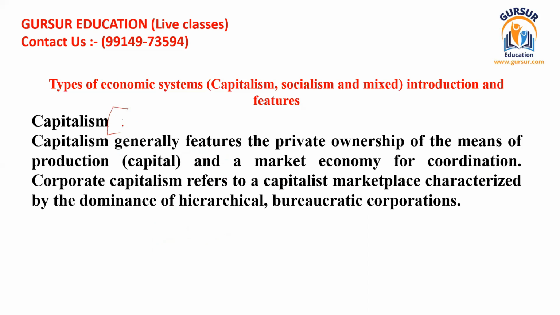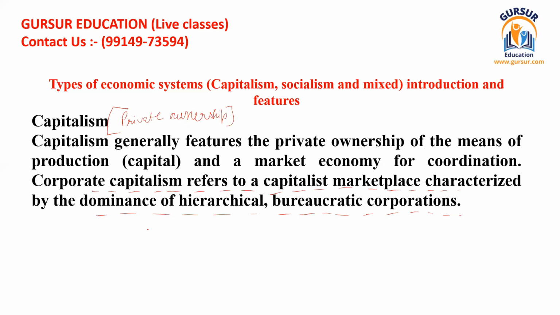When the word capitalism is there, you have to talk about private ownership of all means of production. All these things you have to study under capitalism. Corporate capitalism refers to a capitalist marketplace characterized by dominance of hierarchical and bureaucratic corporations.